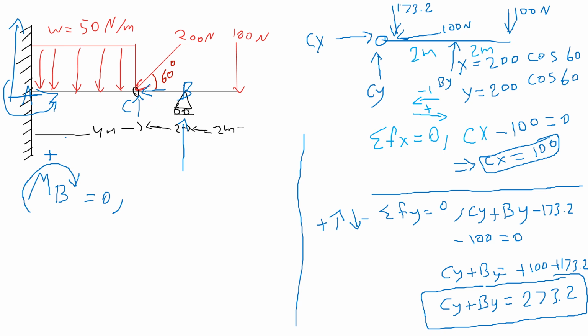Okay, the distance. So what I have, the By, is already equal to 0. Why?